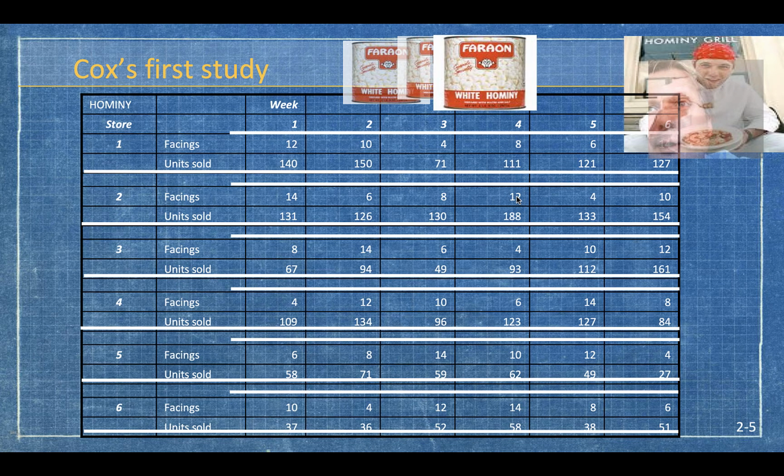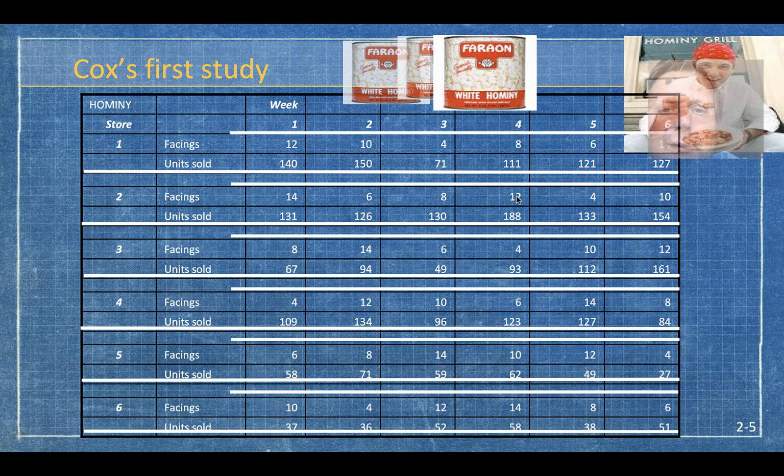So even if they got enormous results, I think they increased sales by, I don't know, 2,000% or something like that, it's impossible to tell how much of that was because of the display and how much was because of the seasonality.